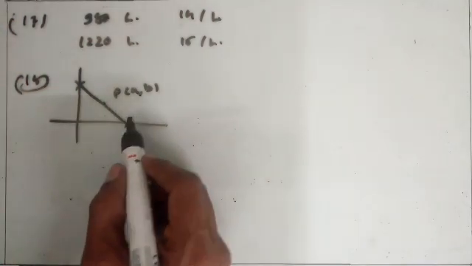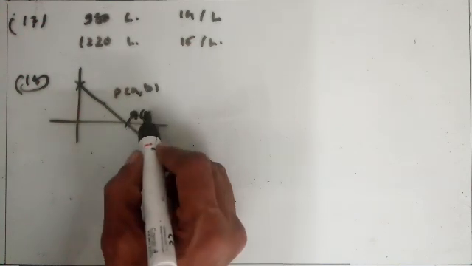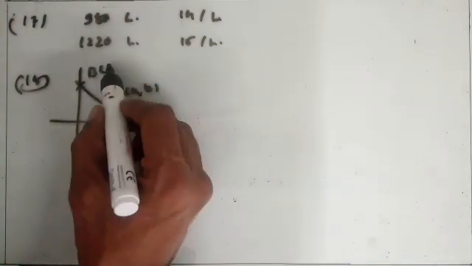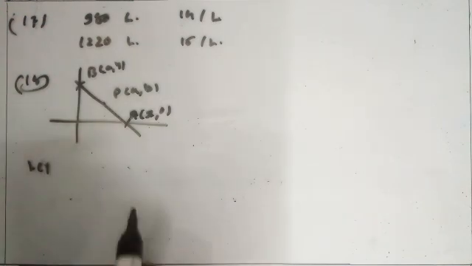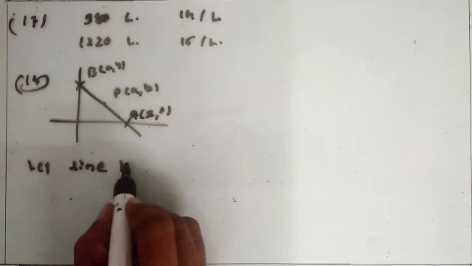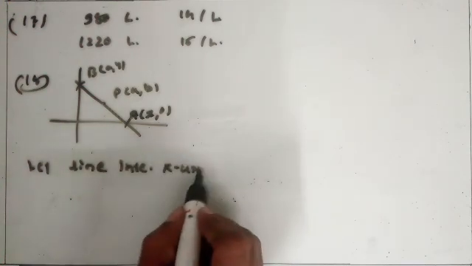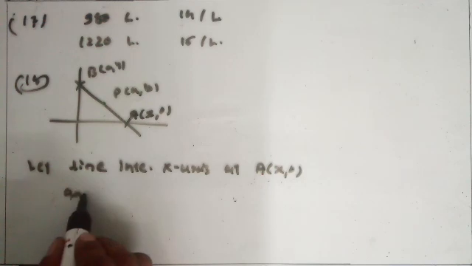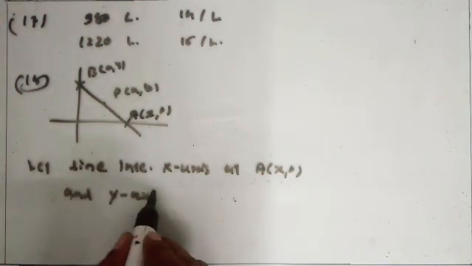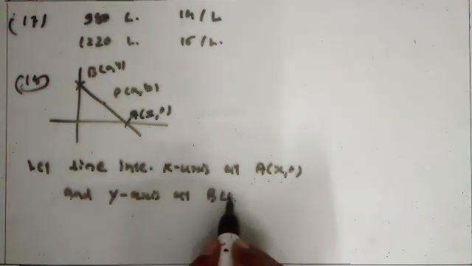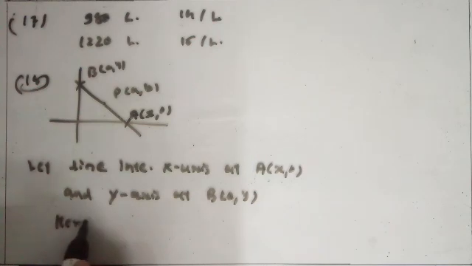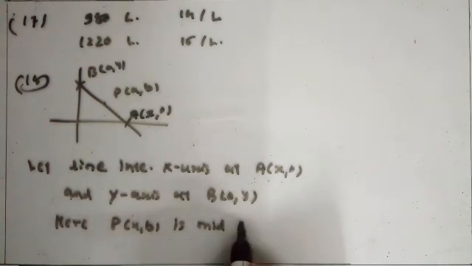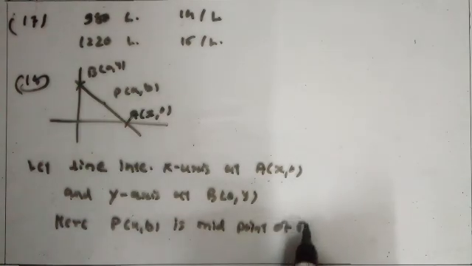First, suppose the line intersects x-axis at A(x, 0), and y-axis at B(0, y). Here P(a, b) is the midpoint of AB, given.